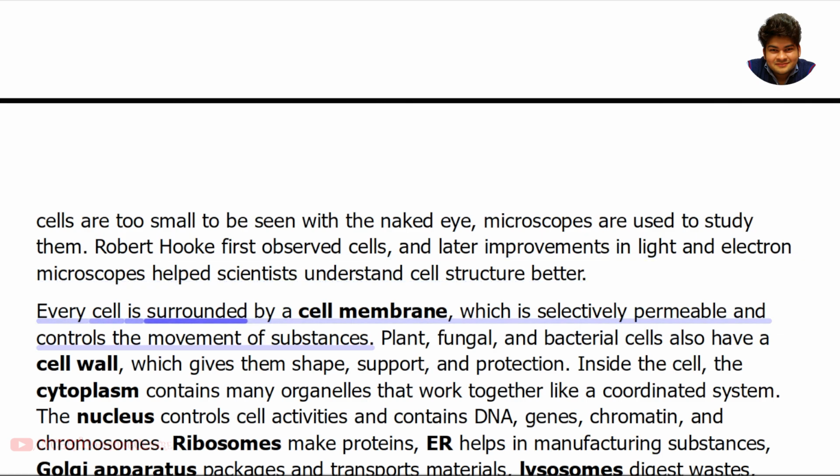Every cell is surrounded by a cell membrane, which is selectively permeable and controls the movement of substances. Plant, fungal, and bacterial cells also have a cell wall, which gives them shape, support, and protection. Inside the cell, the cytoplasm contains many organelles that work together like a coordinated system.